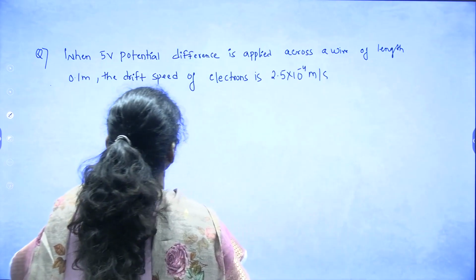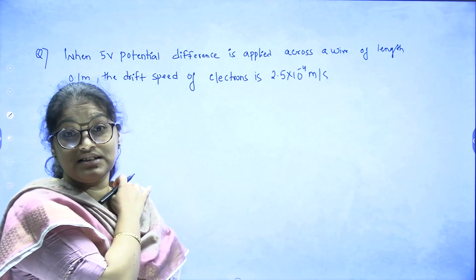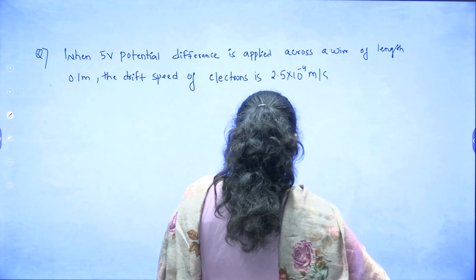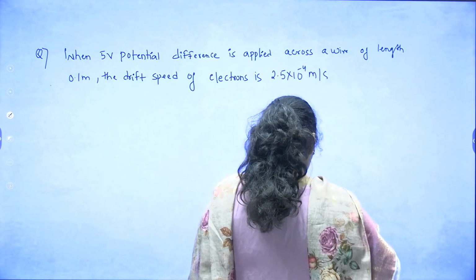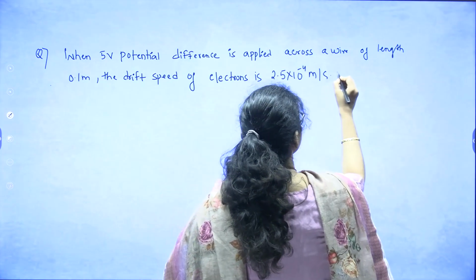So the unit for drift velocity is meter per second. The unit for current density is ampere per meter square. Units are very important. Ampere per meter square. Full stop.